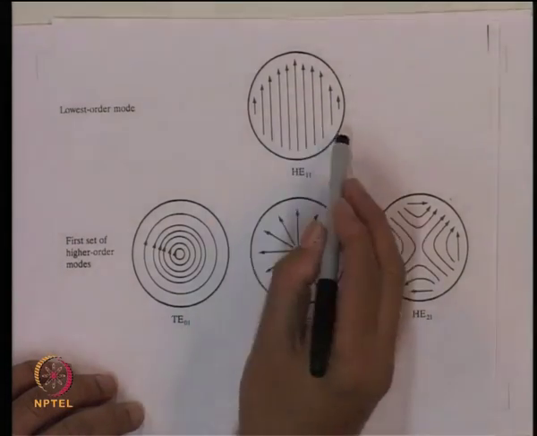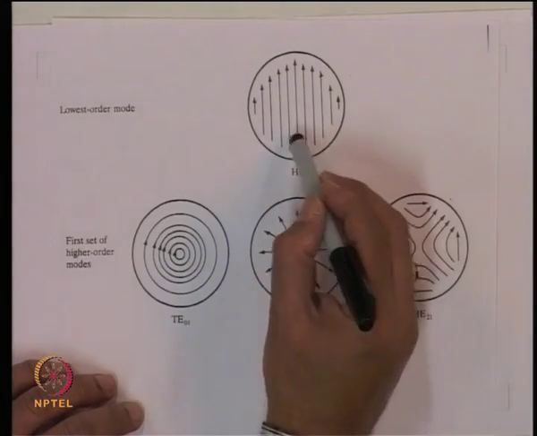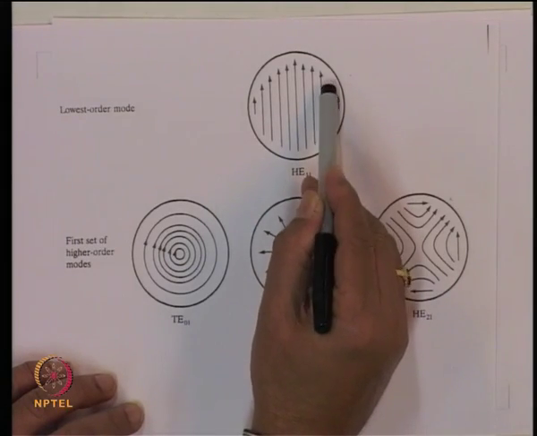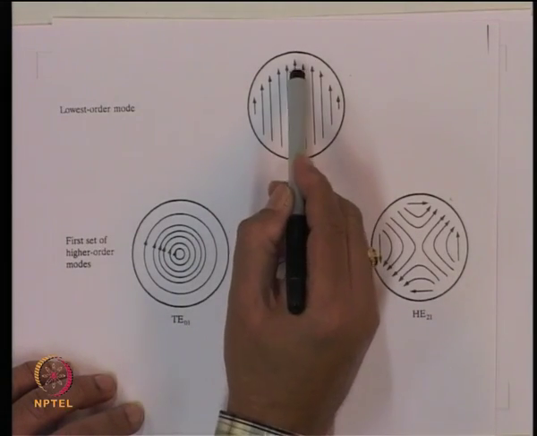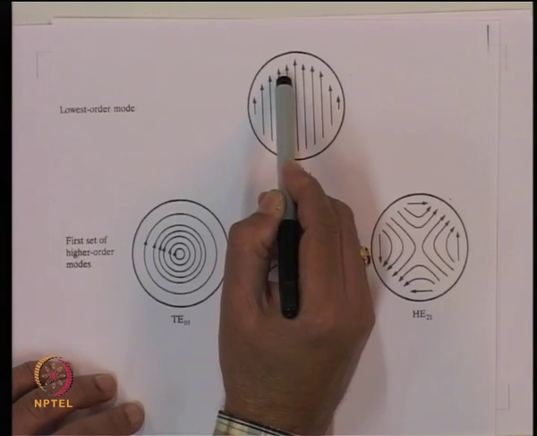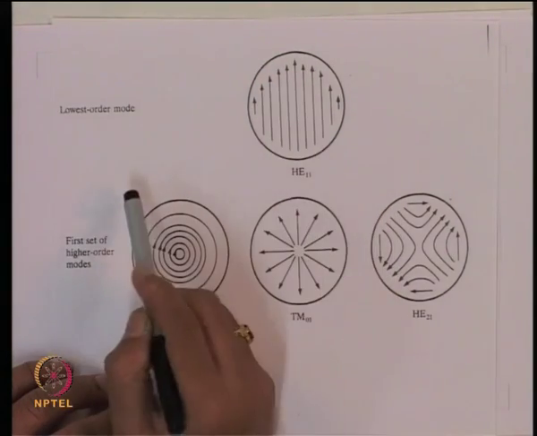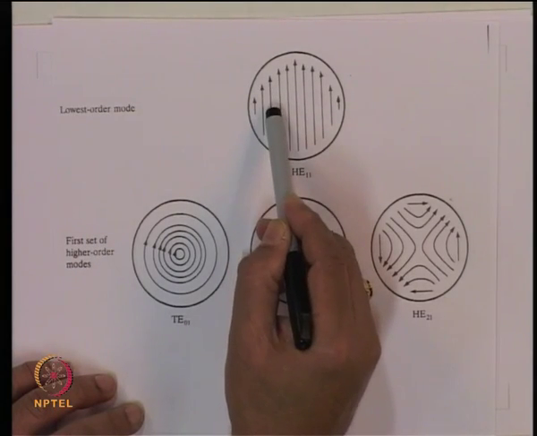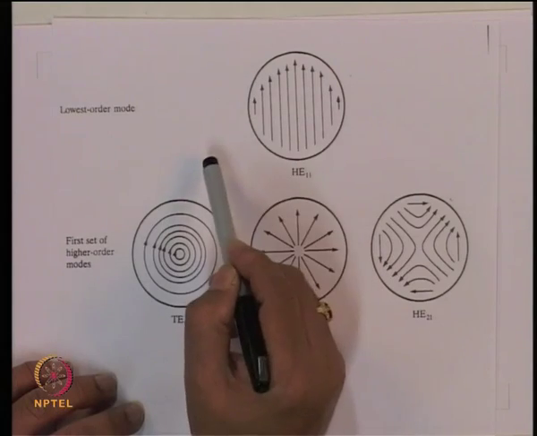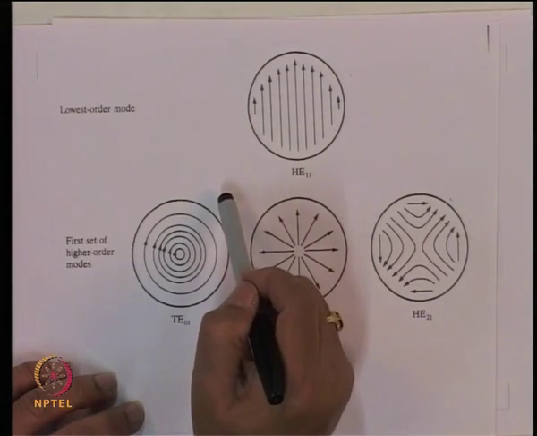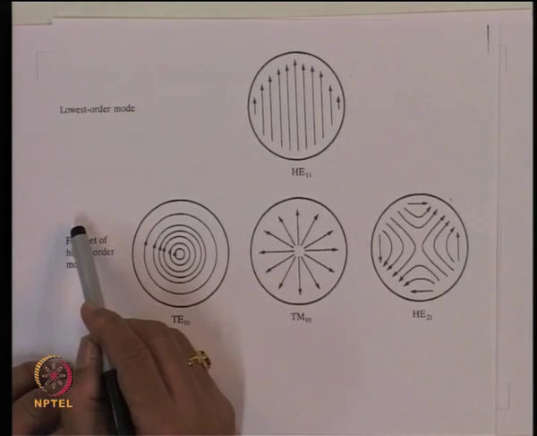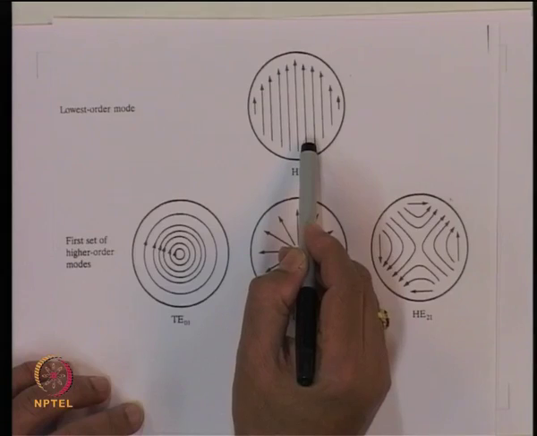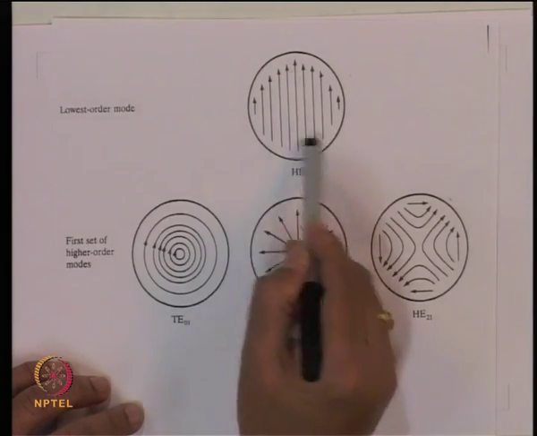Similarly, if I consider the phi component, the phi will be in this direction, azimuth. If I take here, it is in the direction of phi. If I come here, the phi direction is this, but the field is oriented this way, that means the phi component is 0. If I come here, the phi direction is this, field is upwards, that means it is in the negative phi direction. So, you got a negative maximum, and when I come here, the phi direction is this way, field is this way, so phi component is 0.